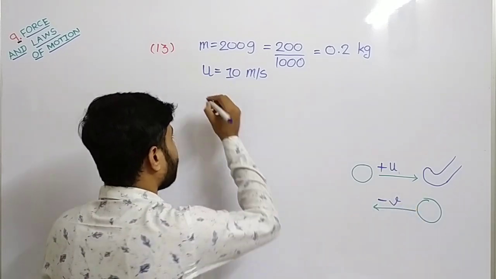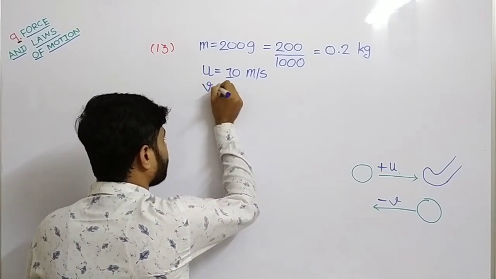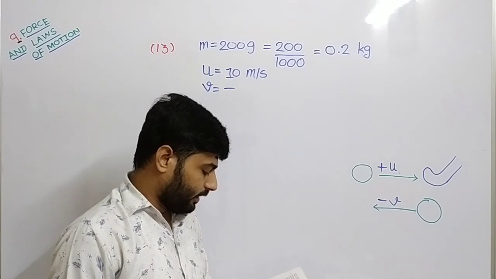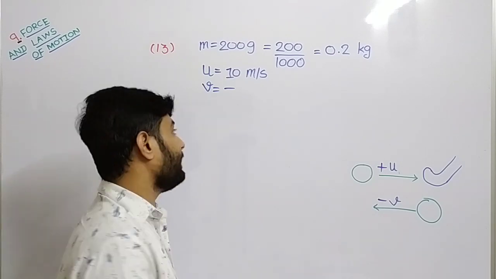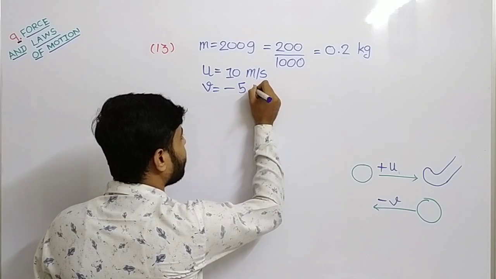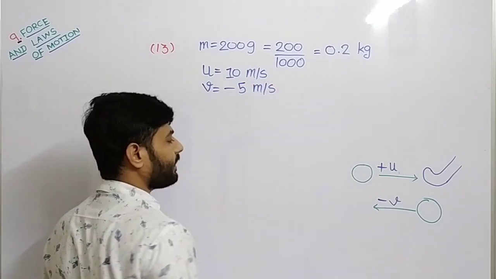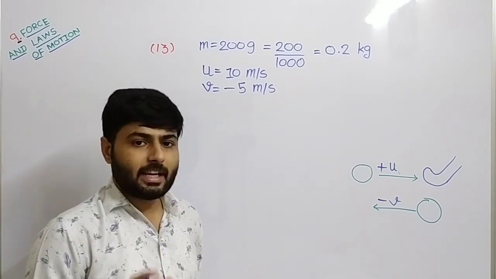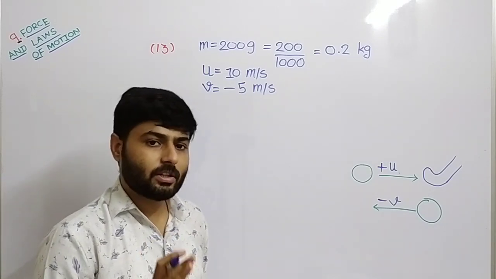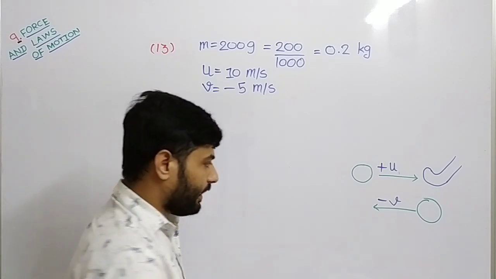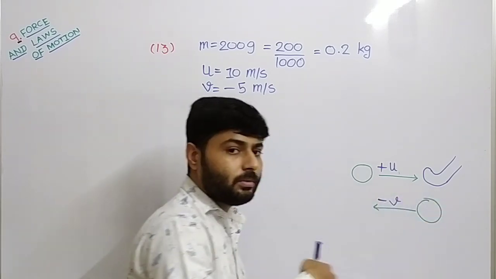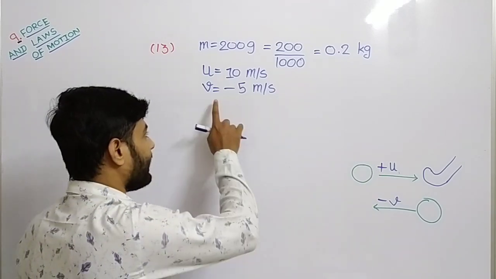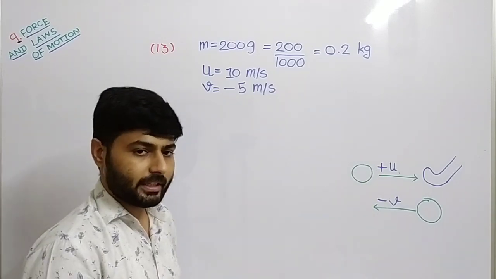So I have to take final velocity v as negative, and this value is negative 5 meter per second. This negative sign is nothing but the direction of velocity. So the direction is opposite to the direction of initial velocity, so here we have minus 5 meter per second.